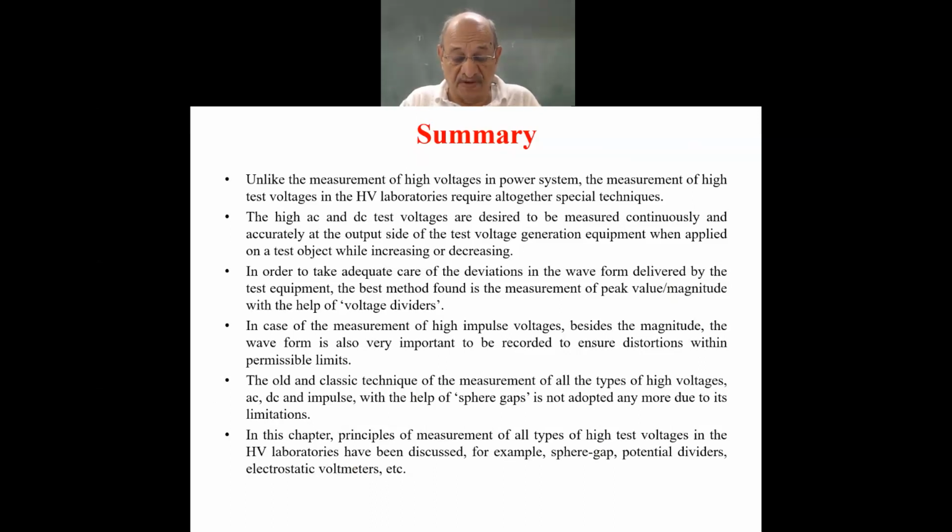Potential dividers have been developed so that the cost of the instrument is reduced as far as possible, cost, size, etc. And yet you have flexibility in measurement of continuous voltage in case of AC and DC, and a good measurement of impulse voltages also, and to be able to measure the very fast impulse voltage, that is lightning, then the slower impulse voltage of switching of either polarity.